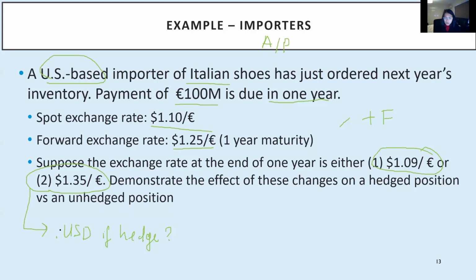If I want to find the US dollar cost to settle this transaction using a forward contract, if I long the forward contract as of today, then my US cost would be 100 million euro times the forward rate. That will give me the US dollar cost to settle this contract under the forward contract. So bear that in mind first before we move on to the next slide.